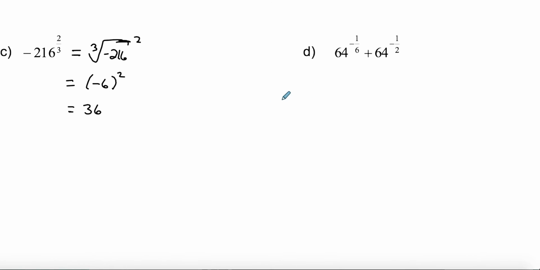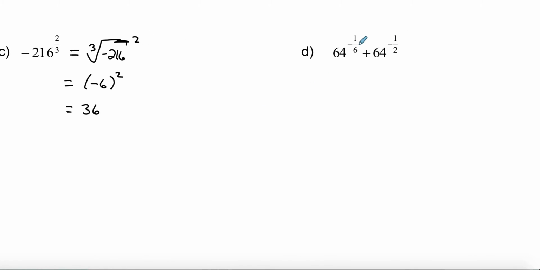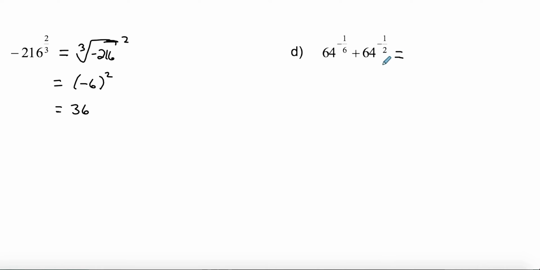This one, D, I have negative. So this is bringing back some of the rules that you've already learned, which hopefully you were finding kind of easy. But now I have negative exponents. Well, you should never leave your answer with a negative exponent. So right away, I imagine that these are fractions with a denominator of 1.